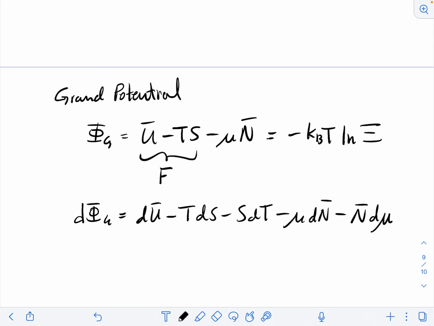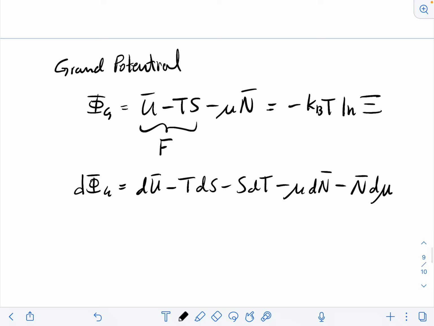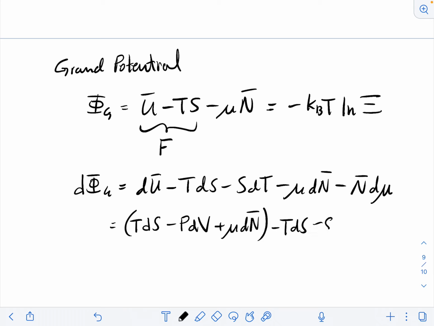Okay, so dU is TdS, the heat, minus PdV, the mechanical work, plus mu dN, the chemical work, and then we still have minus TdS minus SdT minus mu dN minus N d mu.